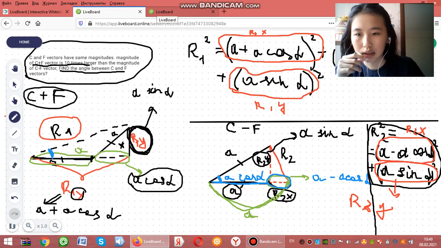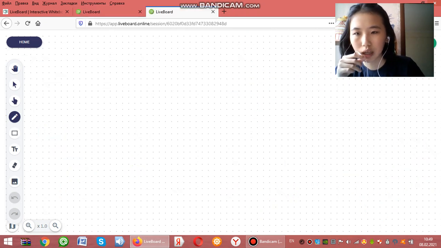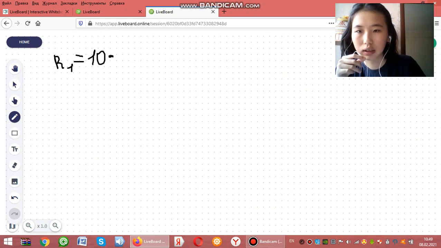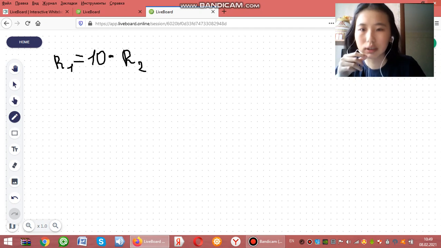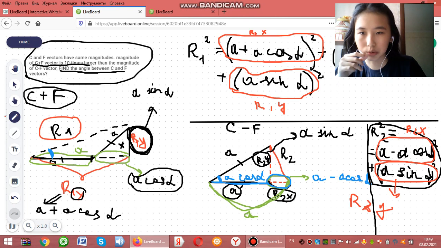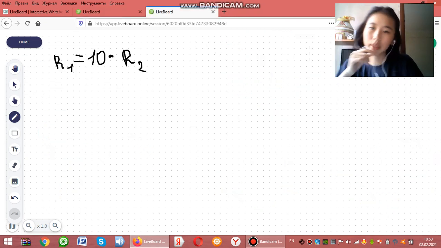It means that R1 is equal to 10 times R2. The first resultant vector is equal to 10 times the second resultant vector.